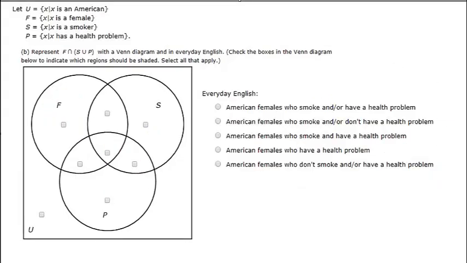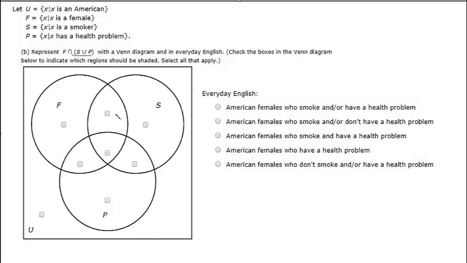Okay, we're supposed to represent intersection of a female. Well, let's look at this part first. Alright, let's see. Smoker and P has a health problem. Union of smoker with the health problem.